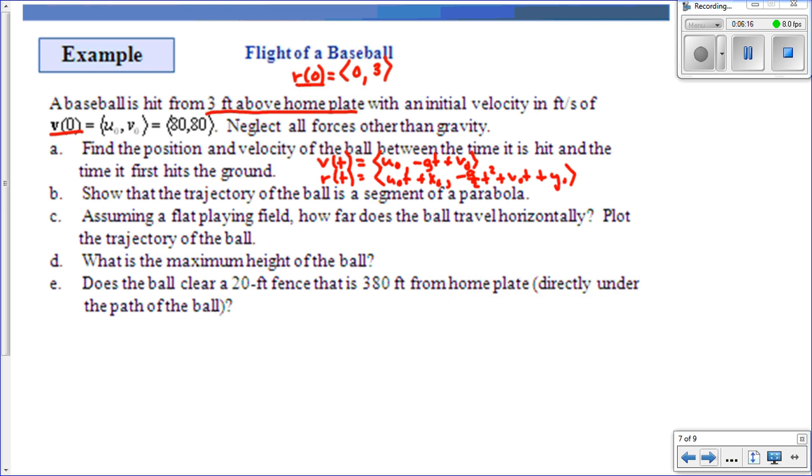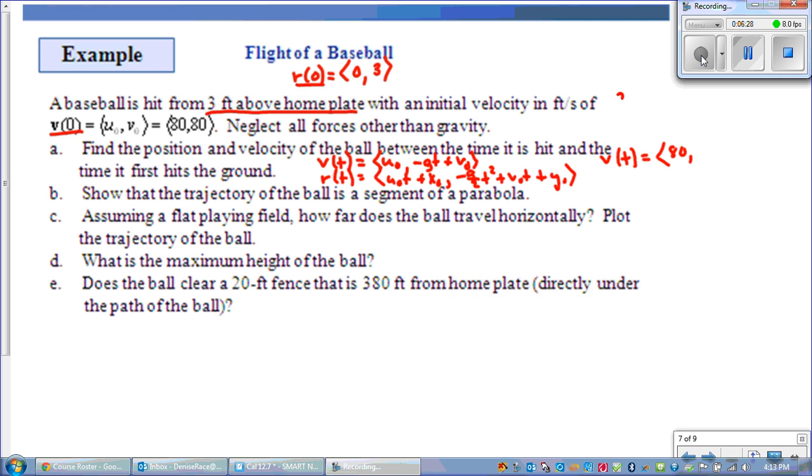So plugging in your initial conditions, we have that v of t is 80, and then minus, well, let's go ahead and use the fact that gravity is 32 feet per second squared, since we're referring to 3 feet for our initial condition. So velocity is 80, minus 32t plus 80.